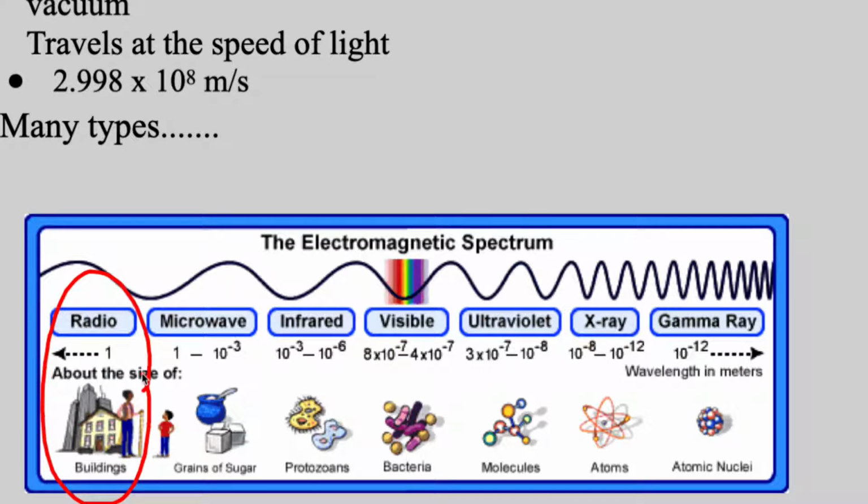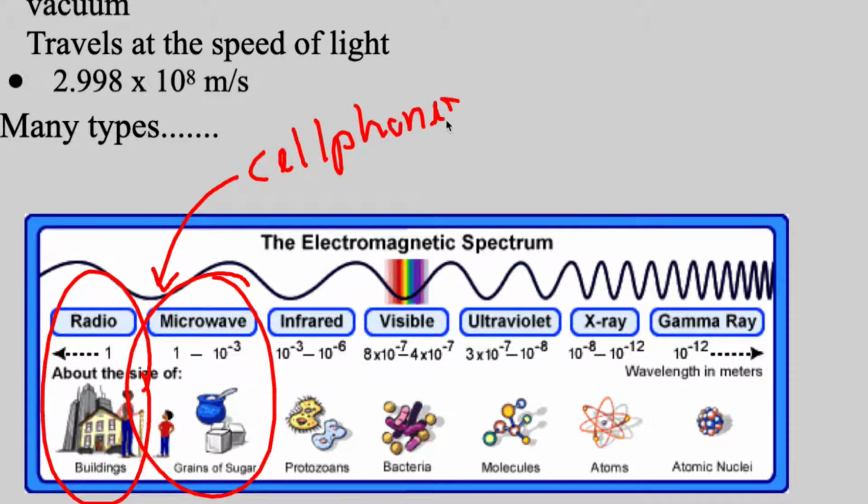Then we get shorter wavelengths like microwaves. Microwaves have a wavelength on the order of a grain of sugar. So much, much shorter wavelength energy. The thing that's interesting is this. In between these is where cell phones and Wi-Fi live.